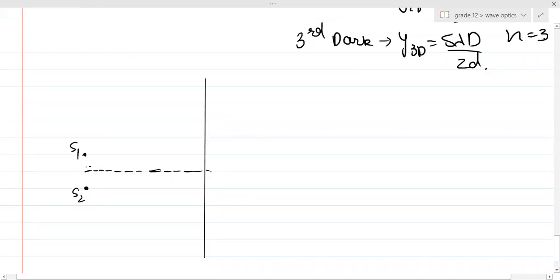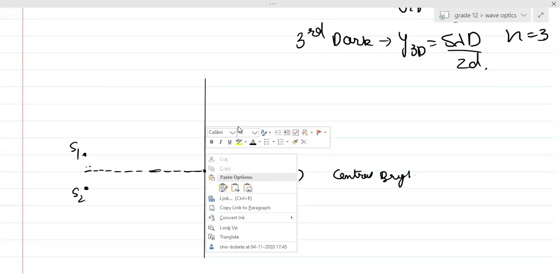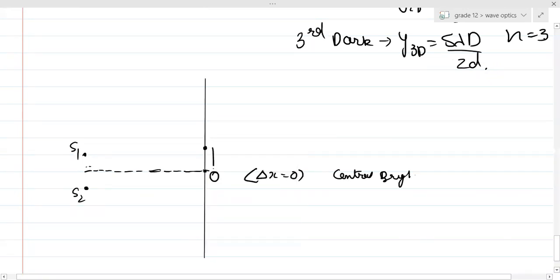So at this point, Δx will always be 0, and the central bright will be formed over here, right? Then just after the central bright, you'll get what? At a distance of how much?